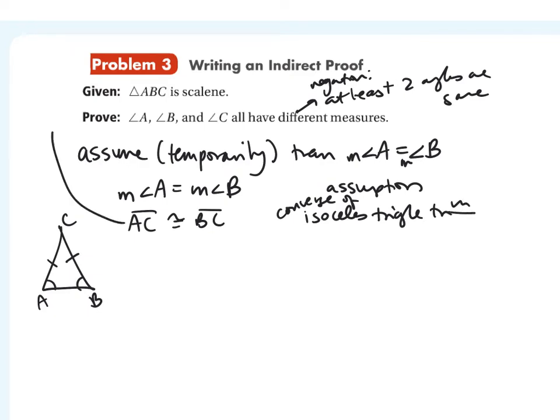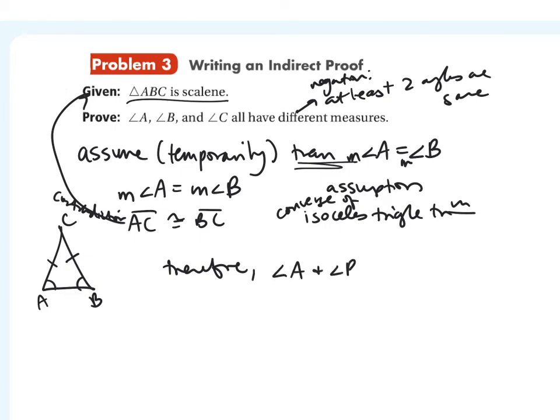But this is a contradiction to our given. Since we're given that ABC is scalene, and in order for this negation to work, AC has to be congruent to BC, therefore angle A, angle B, and angle C all have different measures.